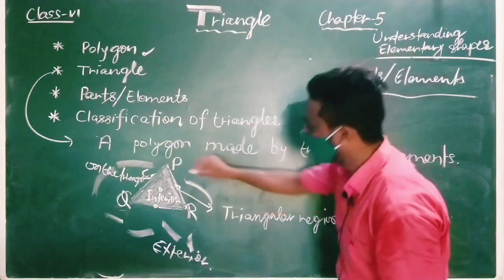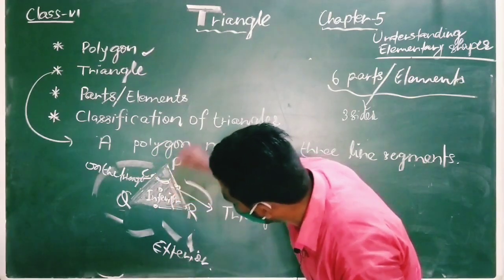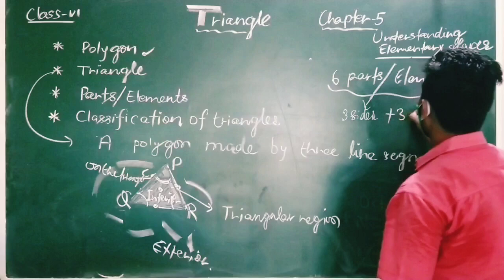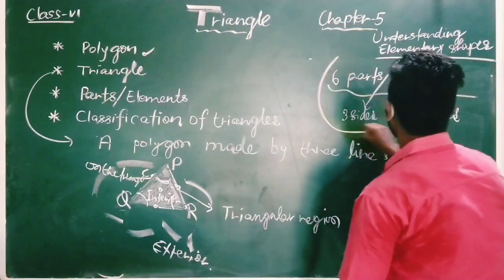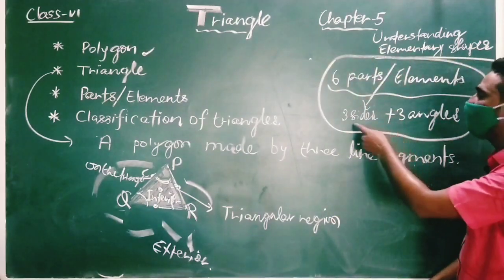And thereafter you see, 3 angles are also there. One of the angles, this is the second, and this is the third one. So 3 angles are also there. This is called the parts of the triangle. So 3 angles and 3 sides all together, how many? It is 6.